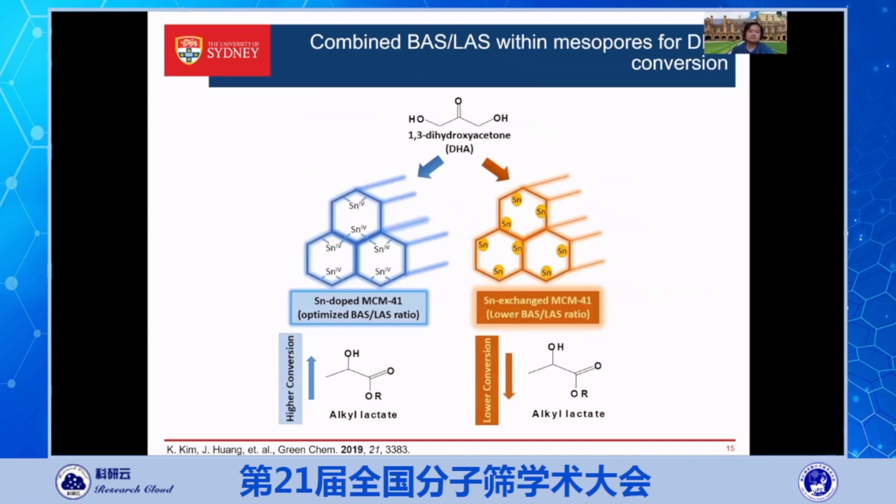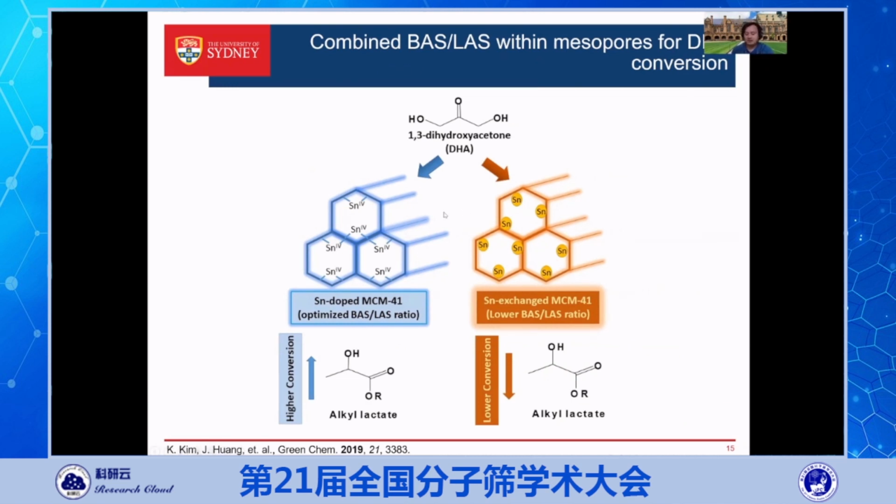Previously, we used Sn-MSA51, and we were able to introduce dominant Brønsted acid sites or sometimes dominant Lewis sites, and optimize the Brønsted to Lewis ratio to show how they are cooperative. And finally, we find the existence of cooperation between the Lewis and the Brønsted acid sites provides a much better conversion and selectivity for the catalytic reaction.